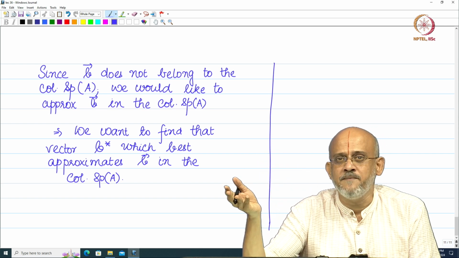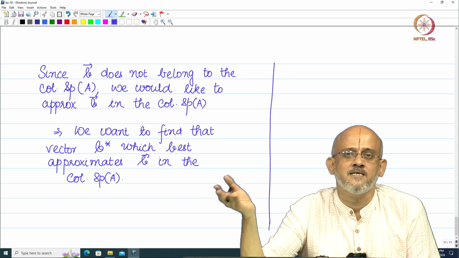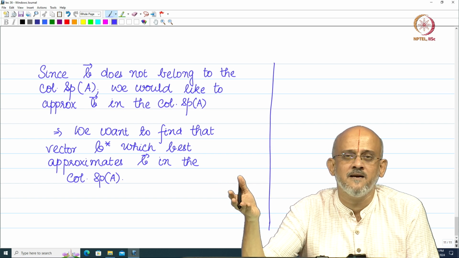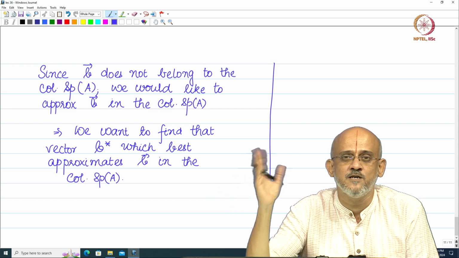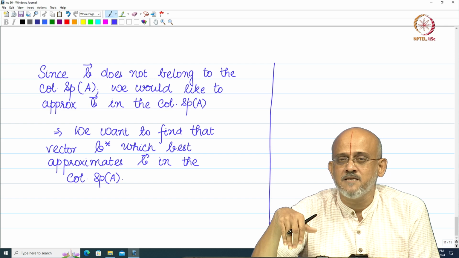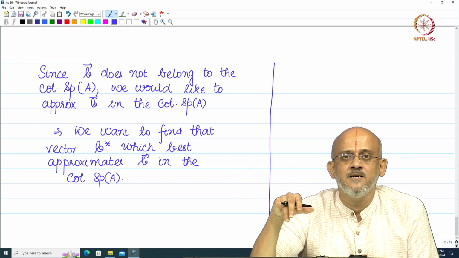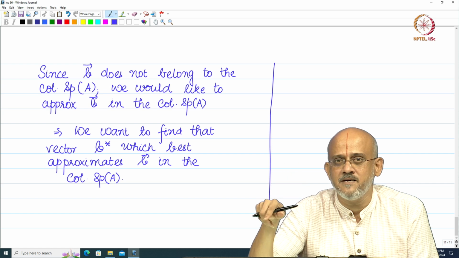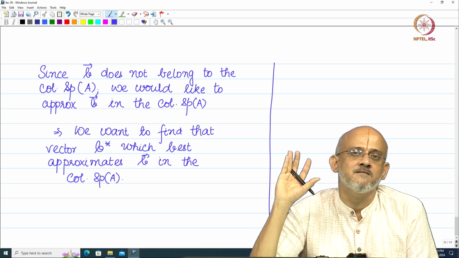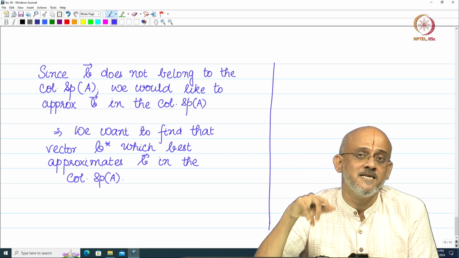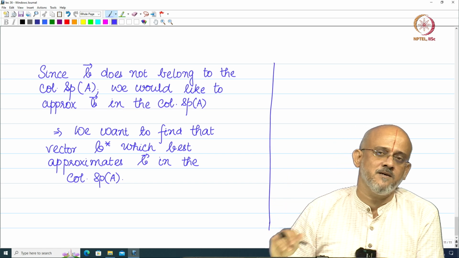If the vector B is already in the column space, there is nothing to do because B itself is approximated, therefore the error is 0. But in this case, because it is not in the column space, the error is not 0, so you want to find that vector which gets approximated in the column space of A with least error, that is, least error in the squared sense. That is exactly what we are looking at.